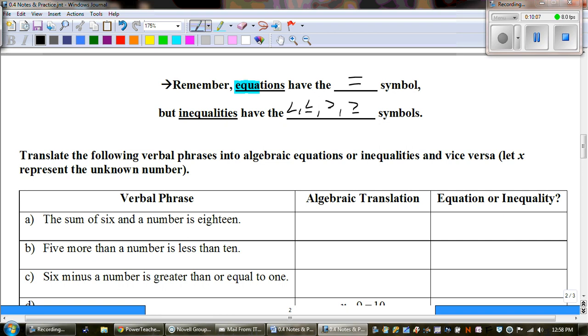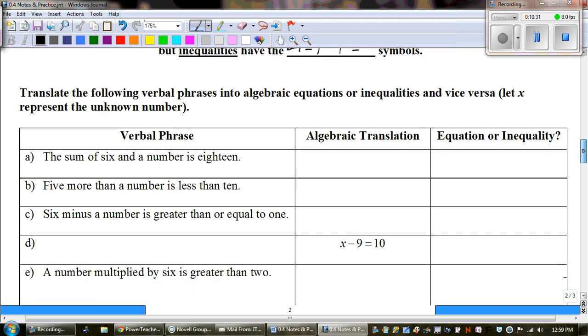It could be any combination of is less than, is less than or equal to, is greater than, or is greater than or equal to. All right, so this next part is asking us to translate the verbal phrases into algebraic equations or inequalities and vice versa. And once again, we're letting x represent the unknown number.